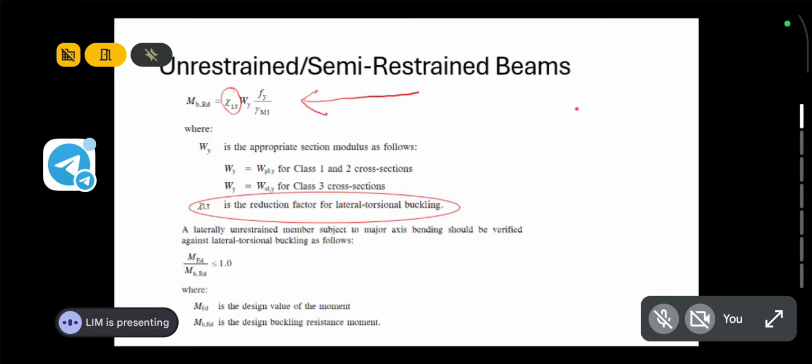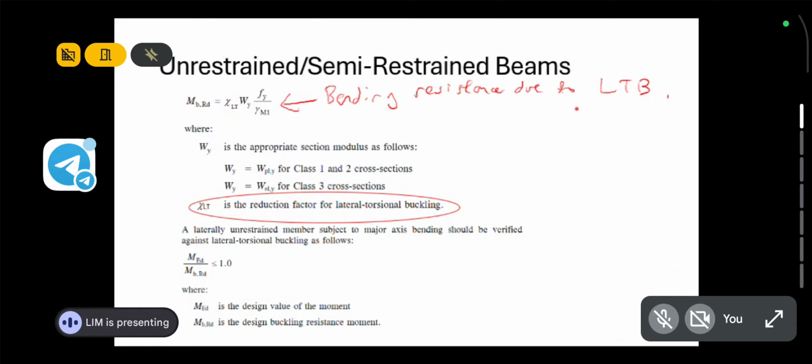This is the bending resistance due to LTB, lateral torsional buckling.